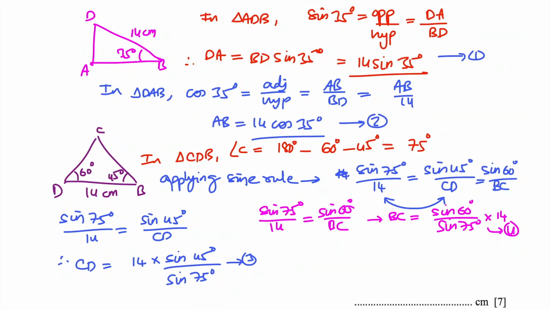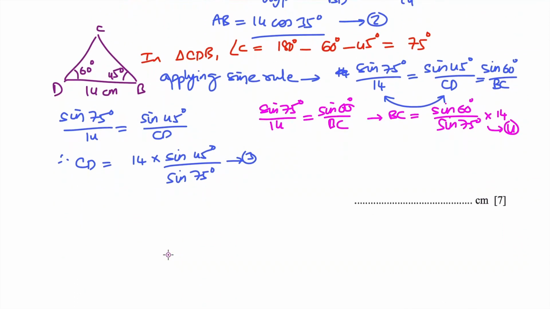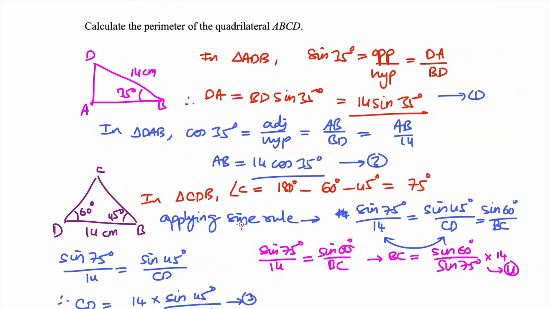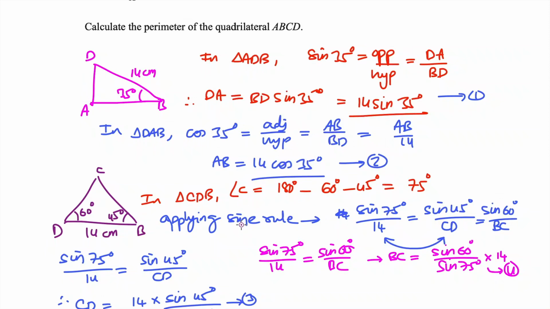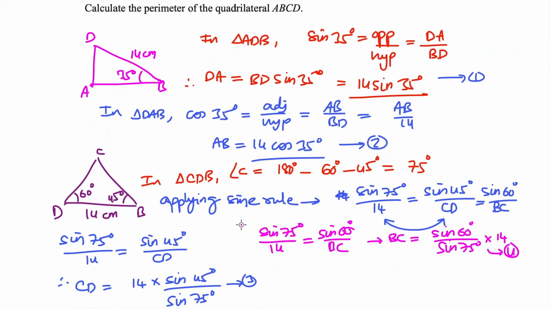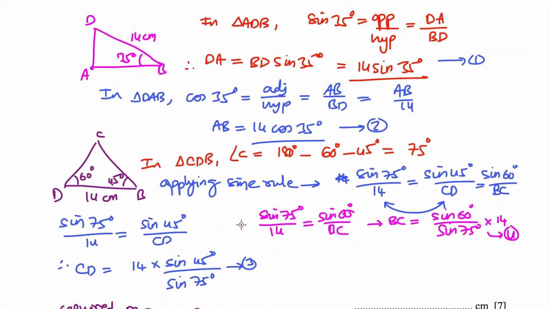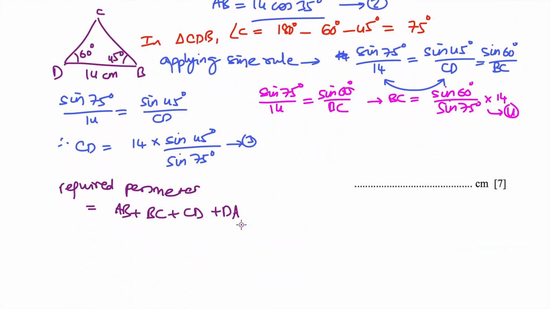So the required perimeter, let me solve here and then we can write the answer there. So the required perimeter is equal to AB plus BC plus CD plus DA. And if I substitute all the values from the four, one of them is 14 sine 35, one of them is 14 cos 35, one of them is 14 into sine 45 by sine 75, and the other is sine 60 by sine 75 into 14.